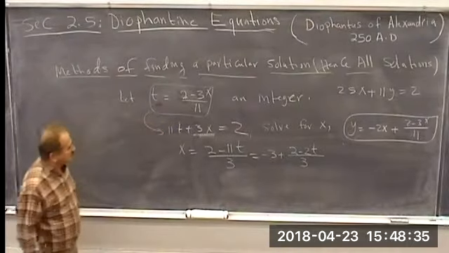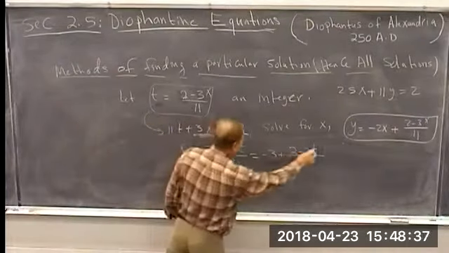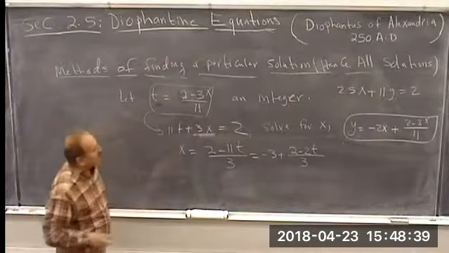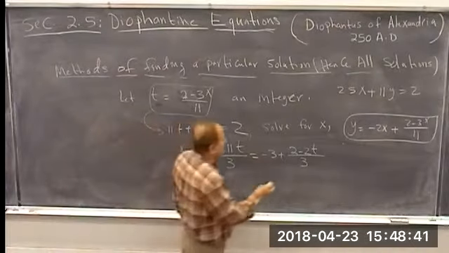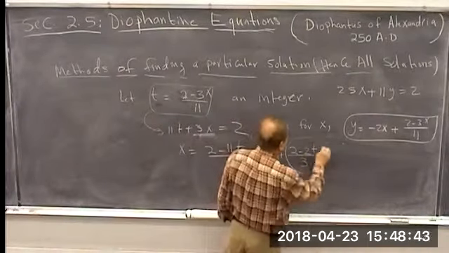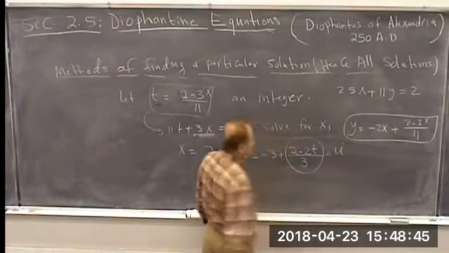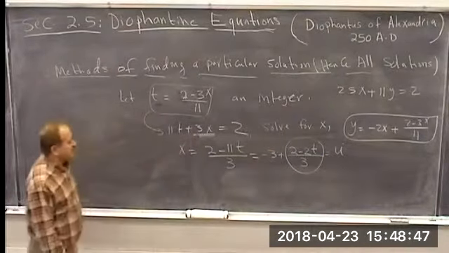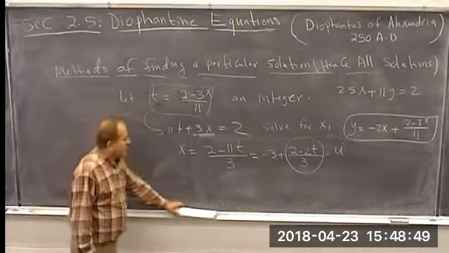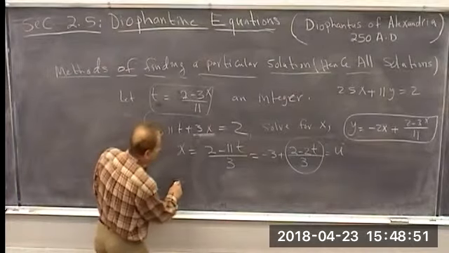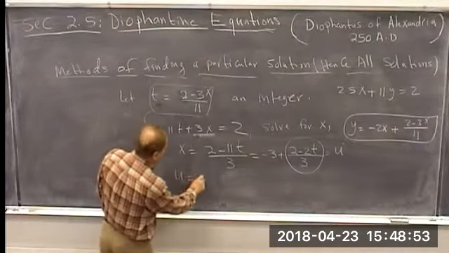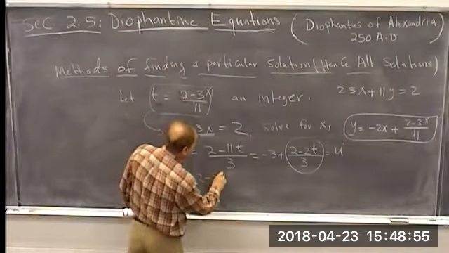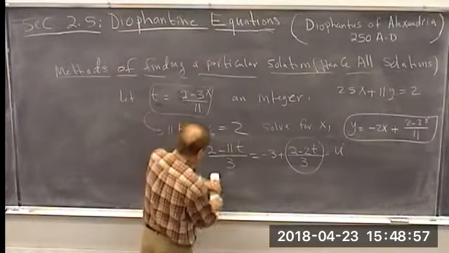All right, so we have minus 9, minus 2, this is minus 11. All right, now I want to call this, and I call this u. All right, and this is again an integer. So we're going to have u equal to minus 2t over 3.